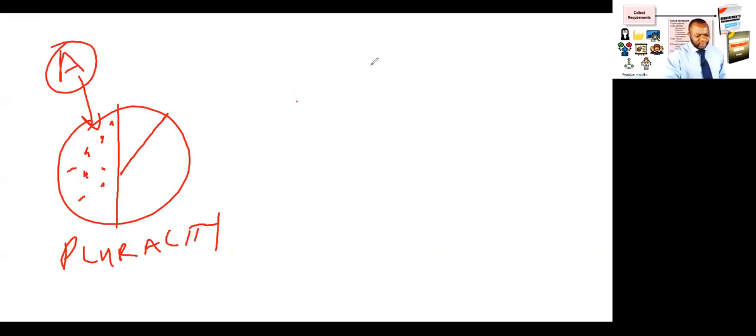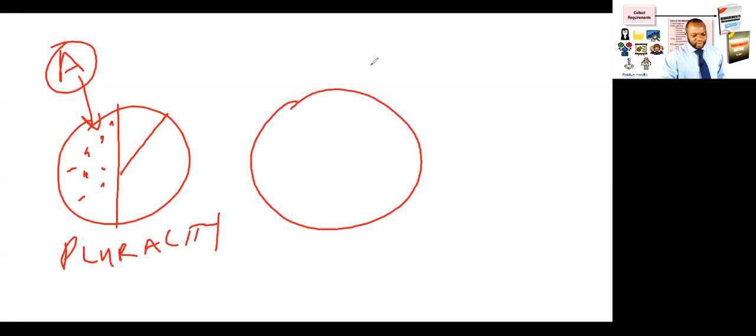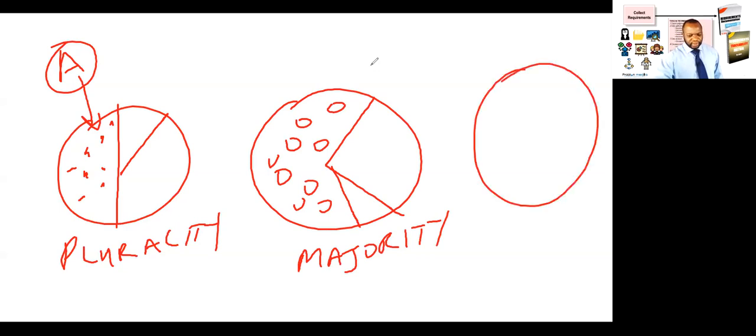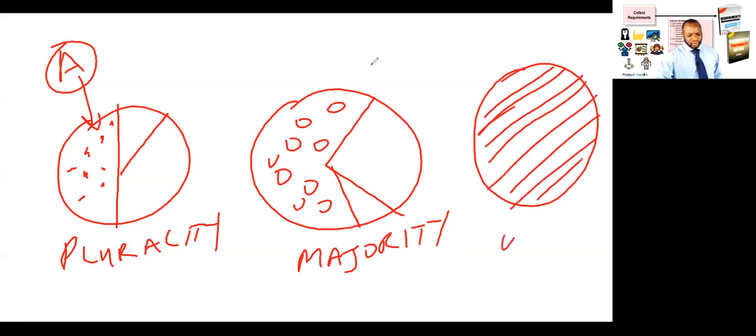That's plurality. When we talk about majority, majority has to be greater than 50%. So majority could look something like this. And then when we talk about unanimity, this must be what you're thinking about.